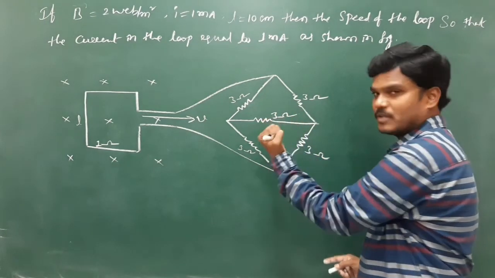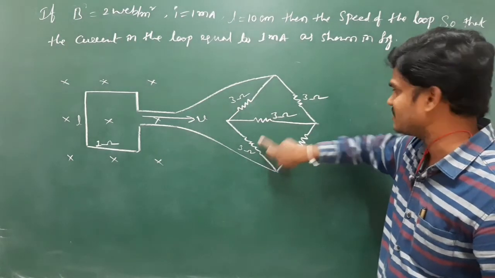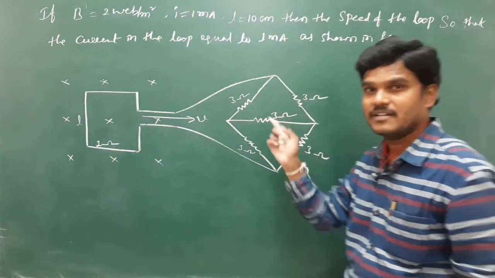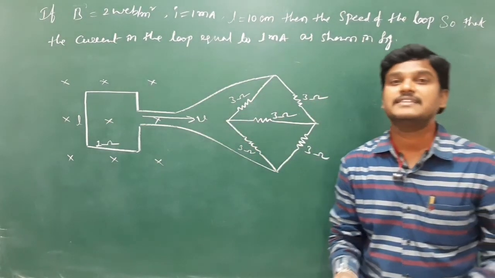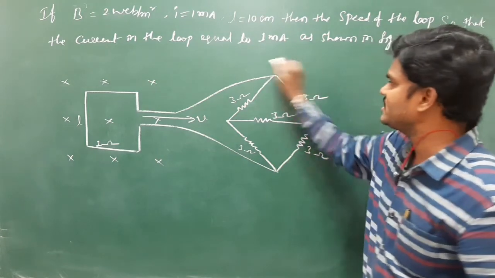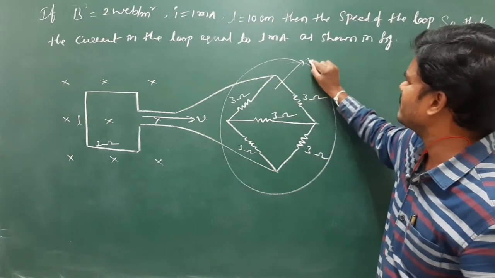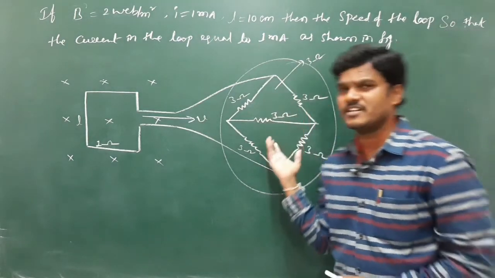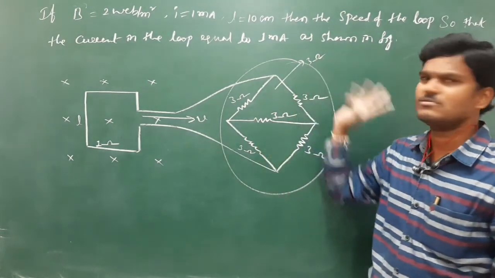So you can remove this one. If this is removed, then 3 and 3 in series is 6, 3 and 3 in series is 6, 6 and 6 in parallel: 6 into 6 by 6 plus 6, 36 by 12, 3. So the effective resistance of the loop is 3 ohm. You know already in a Wheatstone network, if all resistances are the same, the effective resistance is the same.